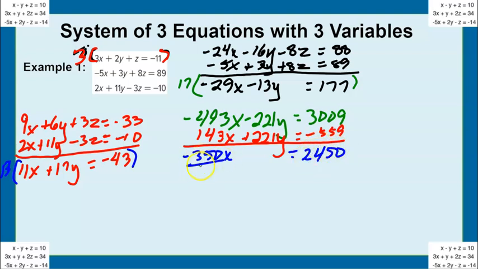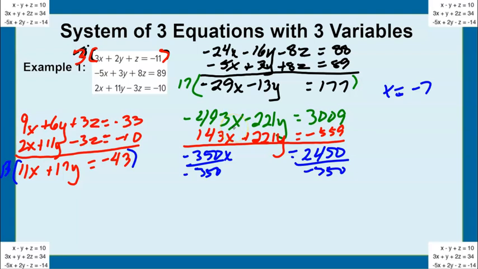To get x by itself, I'm going to divide by negative 350. And when I do that, I get x equaling a -7.